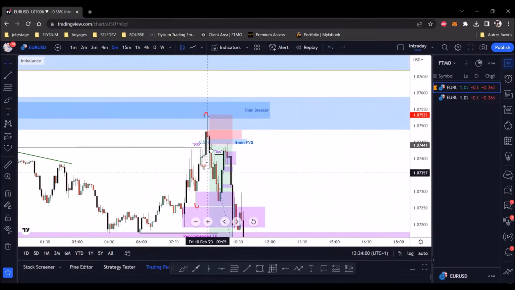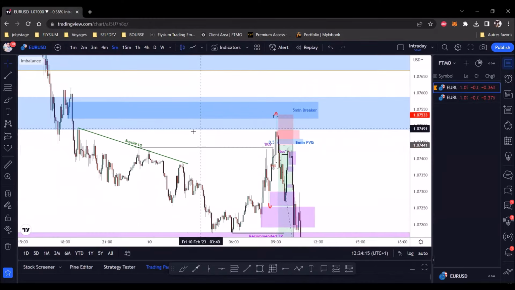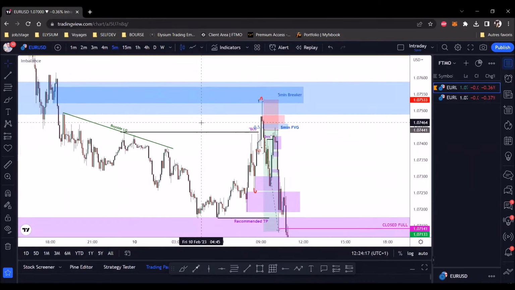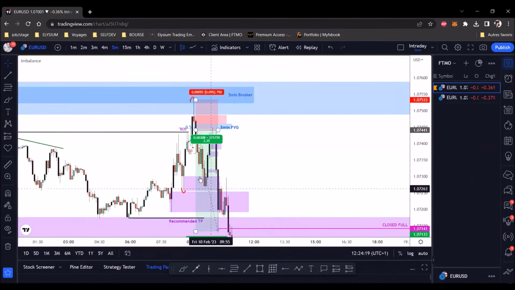Now look at this beautiful range. In 5 minutes we have only one order block which broke. It is very clear. We broke the structure. We took the buy side liquidity. Most people would want to buy from here.